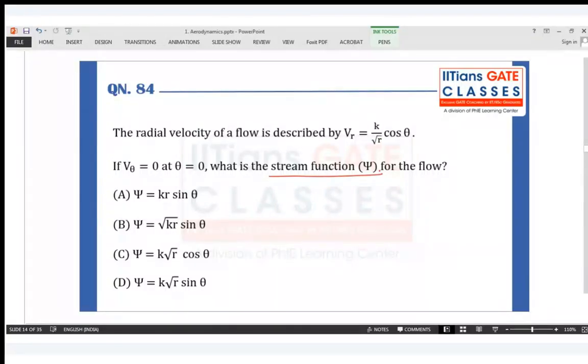So this stream function also is one of the topics. When you study fluid dynamics or aerodynamics, stream function and potential function are the first things that you study. So here, since the question has come on the stream function, I will advise you to revise stream function as well as the potential function.